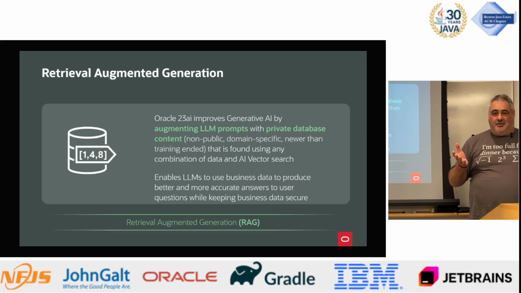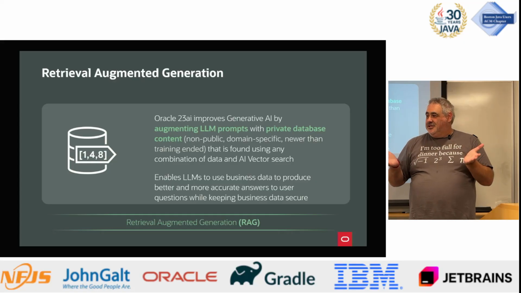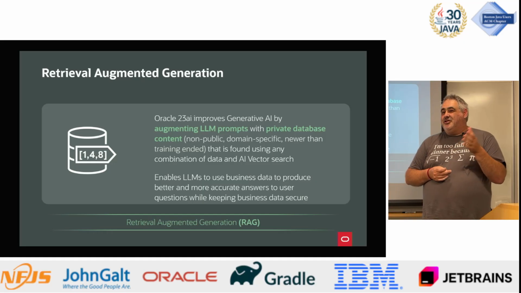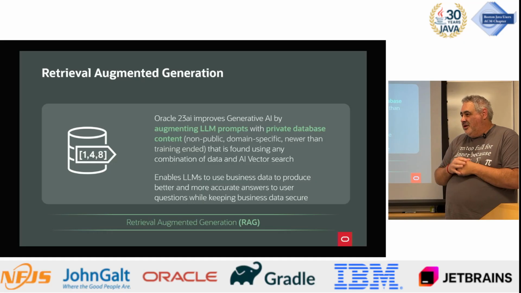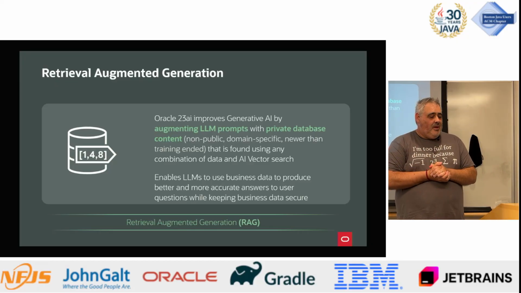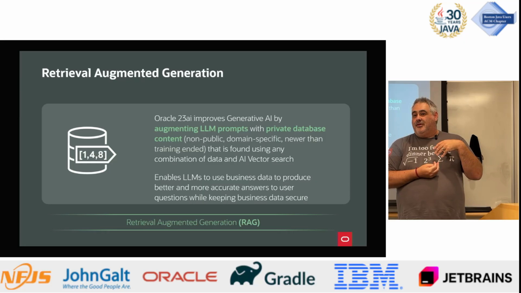Then you do a vector search, which will find all of the vectors in your database that are close in meaning semantically to fee for a basic checking account. And typically you will take the top 3 or 5 or whatever, the closest ones. And very often you will do something that we call re-ranking, which is to check that they really are close.